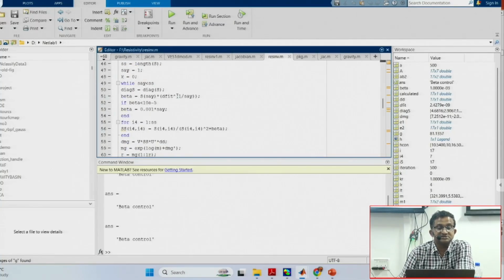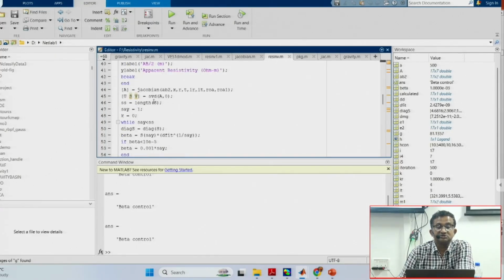Then comes the application of singular value decomposition, where the G matrix shall be decomposed into three matrices: U, S and V. U and V are orthonormal matrices. S is your diagonal matrix which contains the eigenvalues of the A matrix, that is G here.